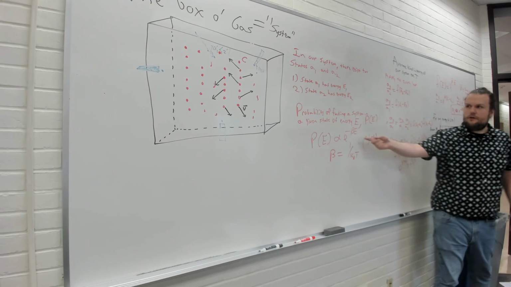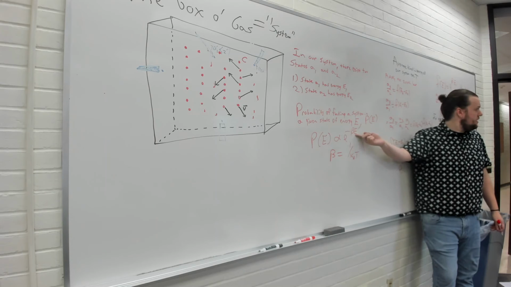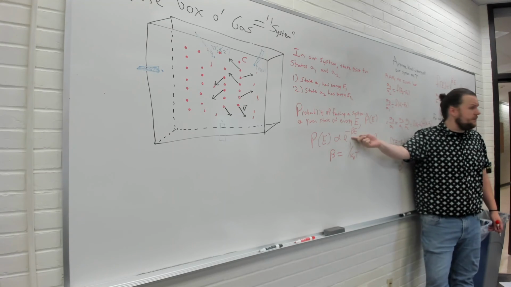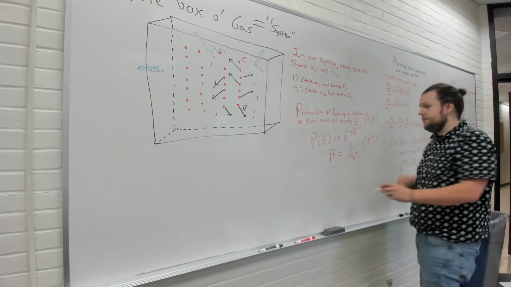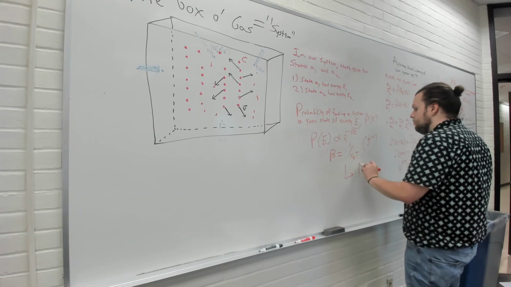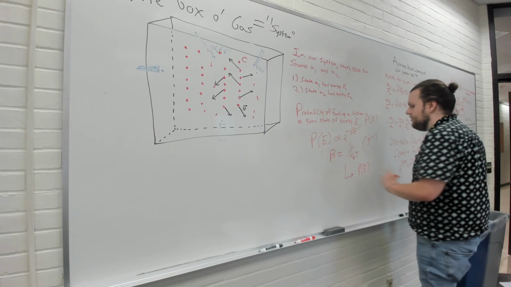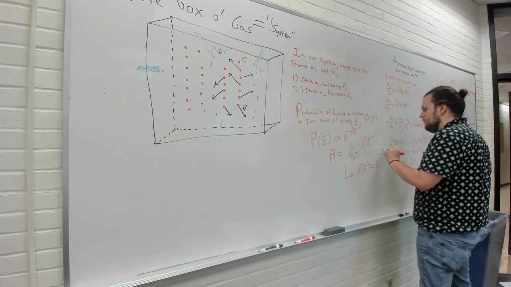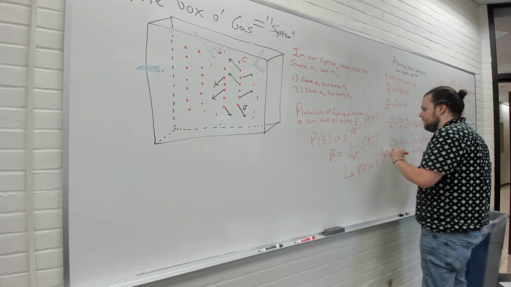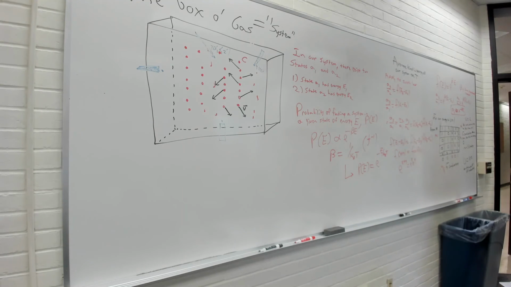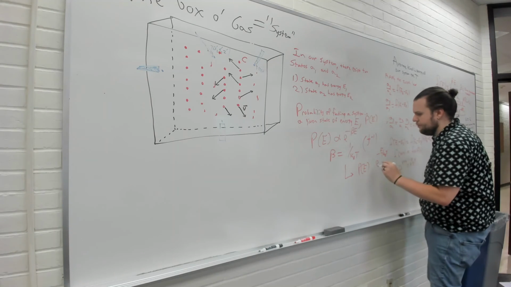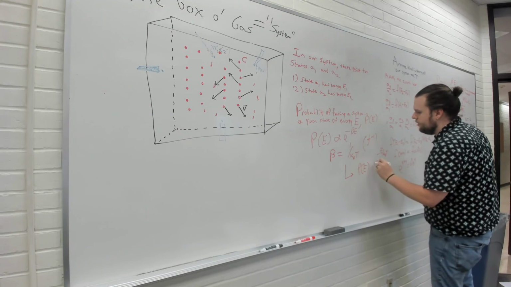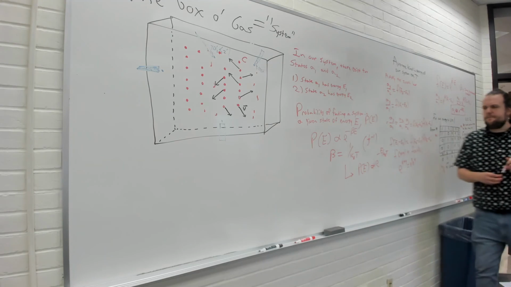So you have a function of energy, which is in joules, times 1 over joules. So you have a unitless number overall. So that means that the probability of finding a state at energy E is e to the minus E over kBT. All right, let's not do equals yet. We're not there yet. Proportional to. We'll have to talk a little bit about the equal sign in next class.